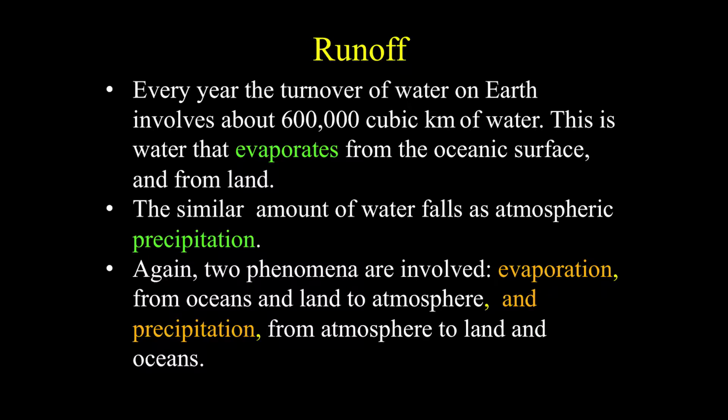Every year, the turnover of water on Earth involves about 600,000 cubic kilometers of water. This is water that evaporates from the oceanic surface and from land. A similar amount of water falls as atmospheric precipitation. Again, 2 phenomena are involved: evaporation from oceans and land to atmosphere, and precipitation, from atmosphere to land and oceans.